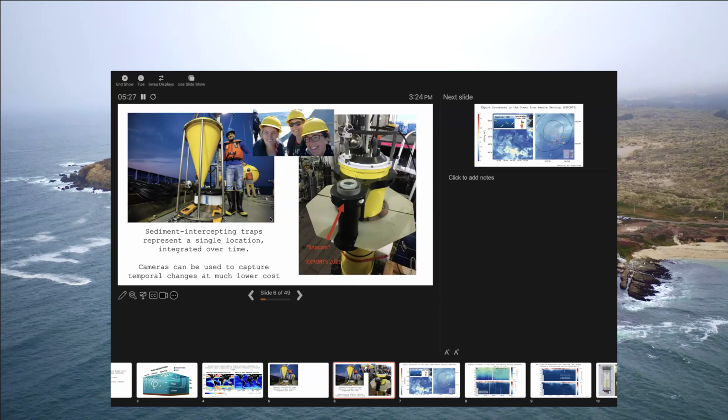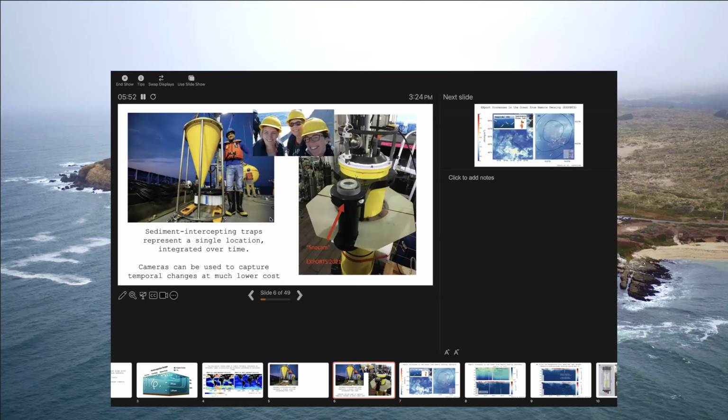And I basically took the concept of the sediment trap and sort of did away with the tube and mounted a simple camera with an upward looking collection surface onto a Lagrangian float, which is what's seen here. So this is a Lagrangian float built by the Applied Physics Lab at the University of Washington.